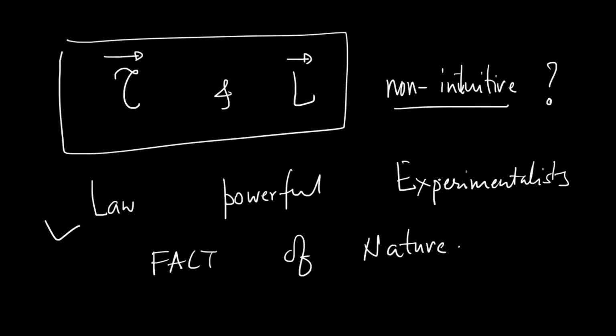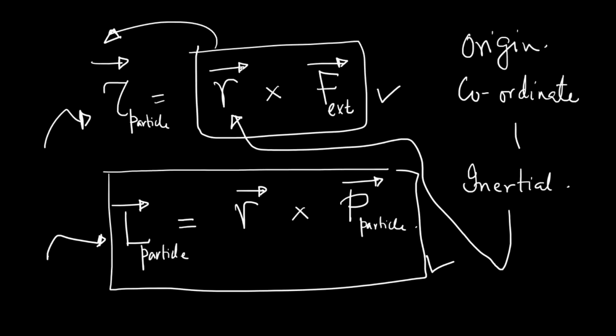So once again I repeat, you need the position vector and the force in that coordinate system, and you need the position vector and the momentum of the particle in that coordinate system, and then you can calculate L in that coordinate system and tau in that coordinate system.